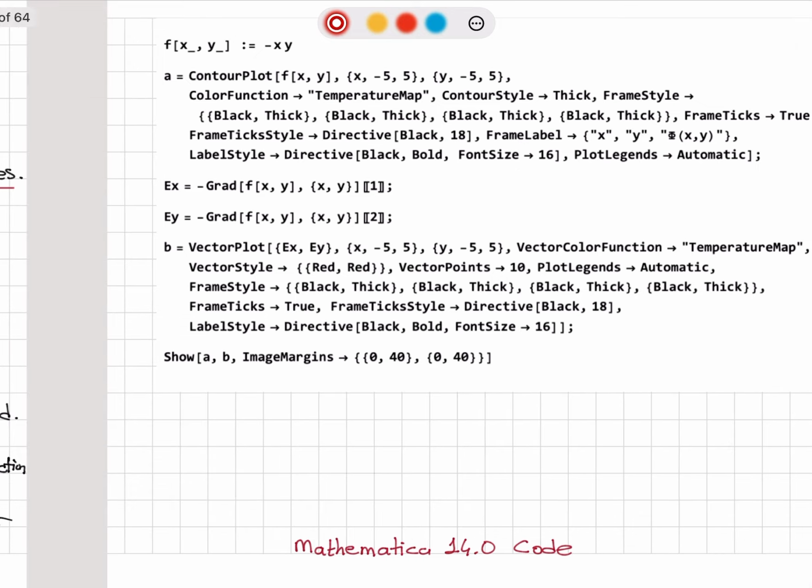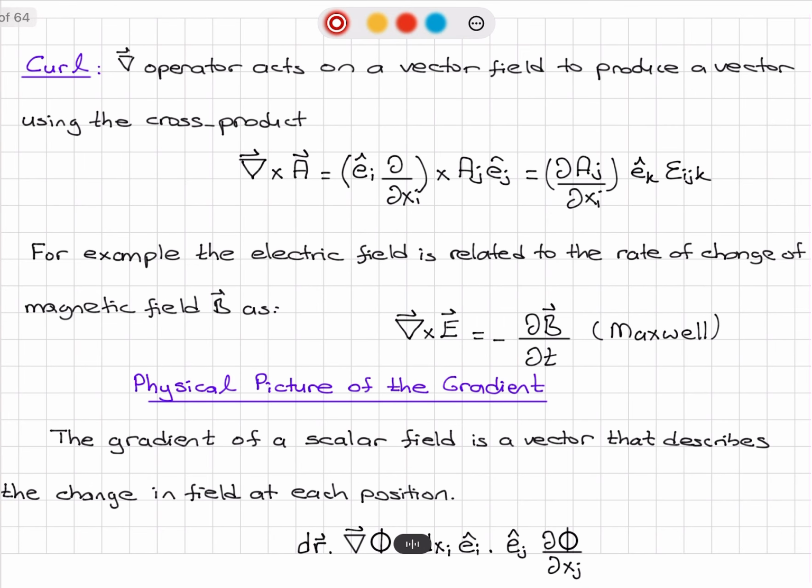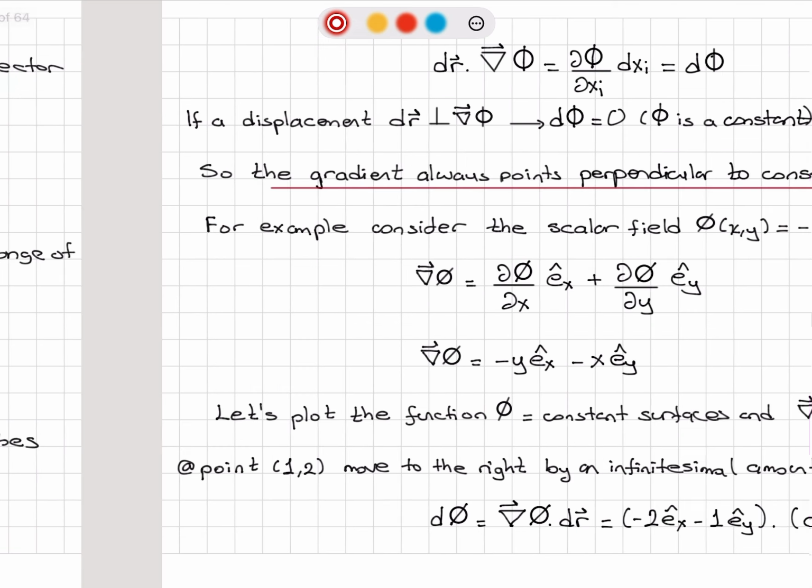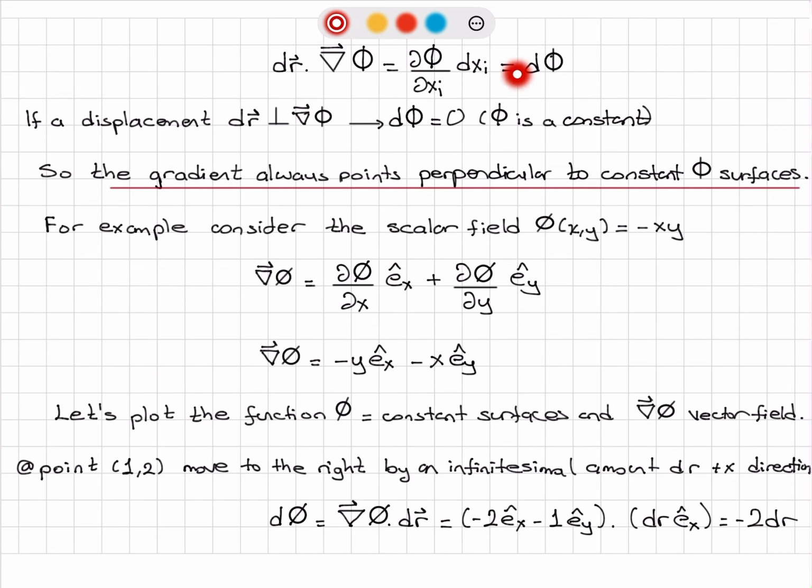Okay, so now we have discussed the physical meaning of the gradient of a scalar field. We can understand its meaning by looking at the dot product with a small displacement at a certain point, and we see that that gives us the change in that scalar function for a small displacement about a certain point.